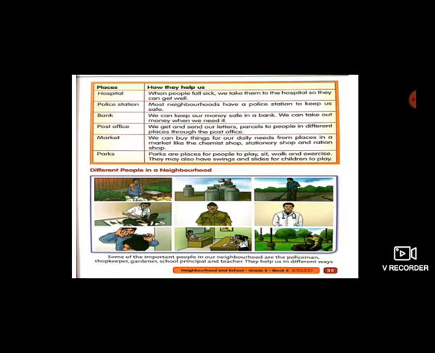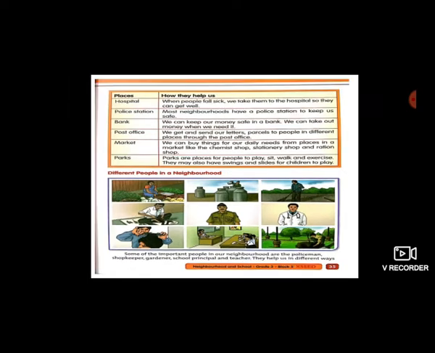Now the next is park. Parks are places for people to play, sit, walk and exercise. Students, many parks have swings and slides for children, but some of them don't have. But park is also very important as it should be in our neighborhood.